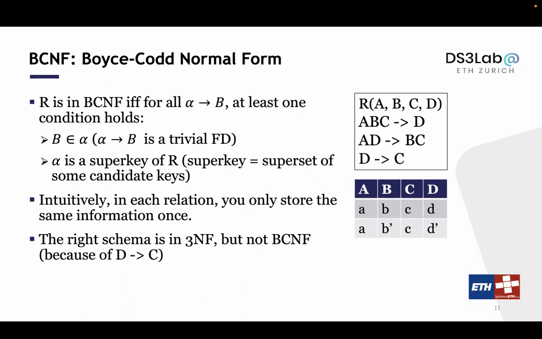Either it's trivial, there's nothing we can do about it, or alpha is a super key of R. Essentially this gets rid of the second condition in third normal form. Intuitively, this means in each relation, you only store the same information once. So the thing on the right-hand side is in third normal form, but actually not in BCNF, because it also has some data redundancy caused by functional dependency.